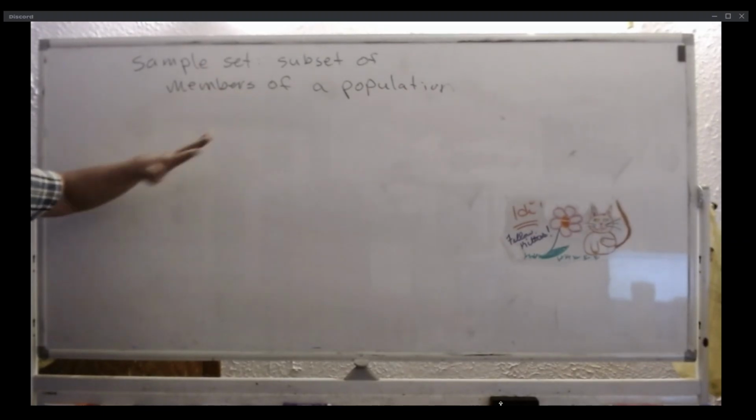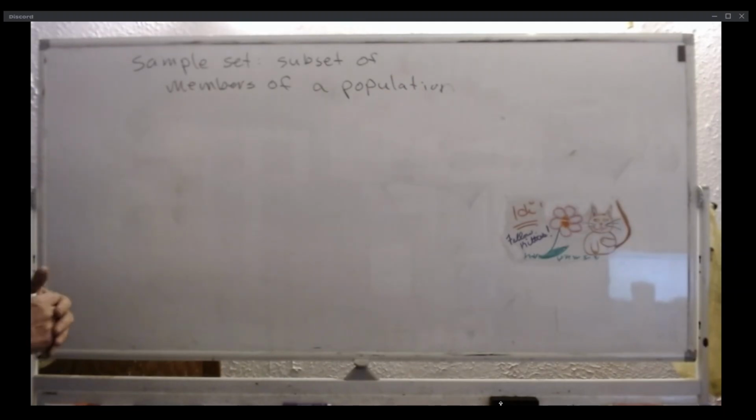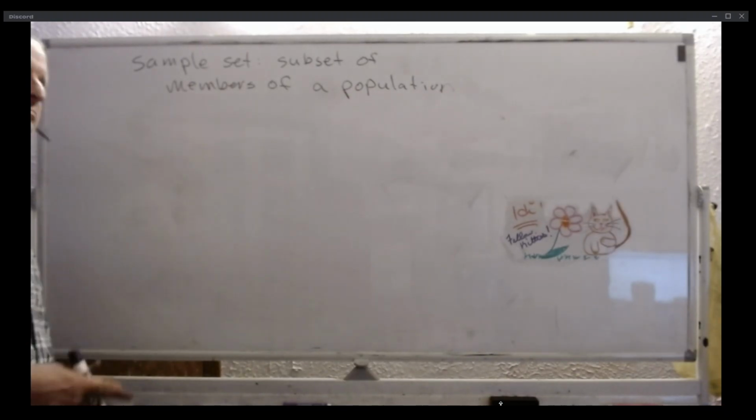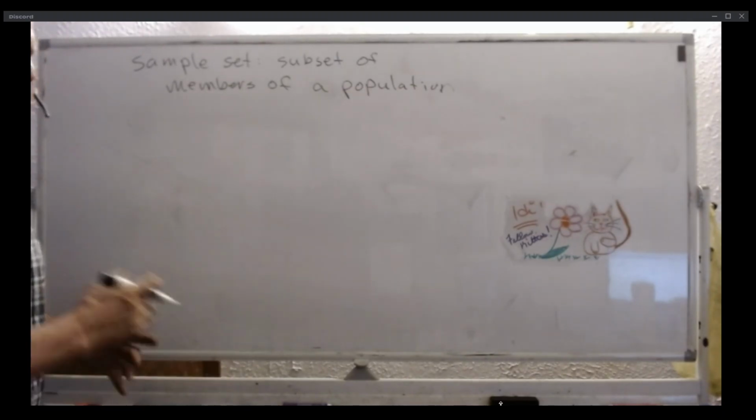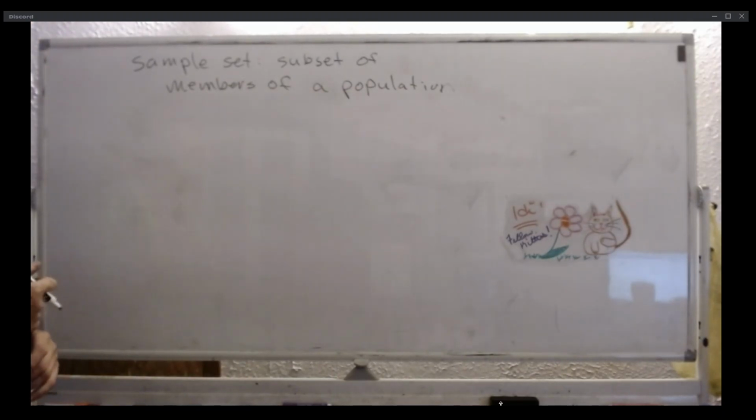Does anybody have any trouble distinguishing the two? A subset is where we just pick 1/10 of the members of the population, or even half the members. We get data from them, and we make decisions based on that data.